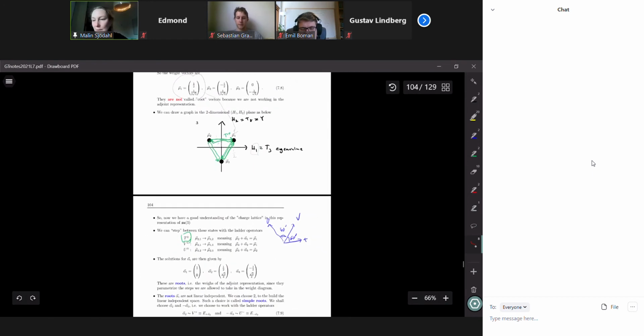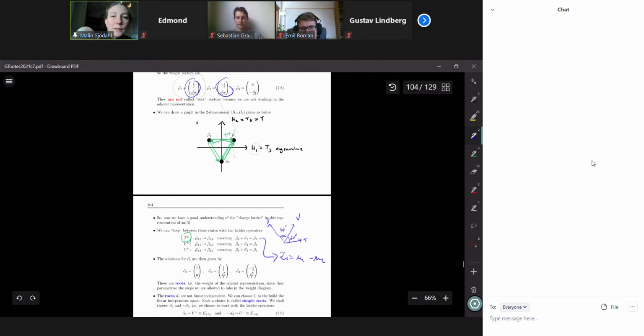So if we have a look at what states we had, from this we conclude that alpha 1 is mu1 minus mu2. So it is this state here minus this state here.